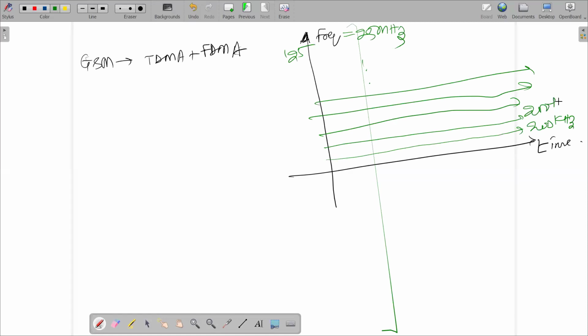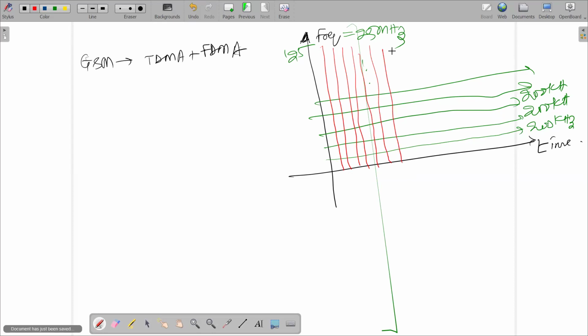This frequency is further divided in the time domain, and channel allocation will be done in the time domain. So I'm introducing the slot and frame concept here. I hope you are able to follow me, right?